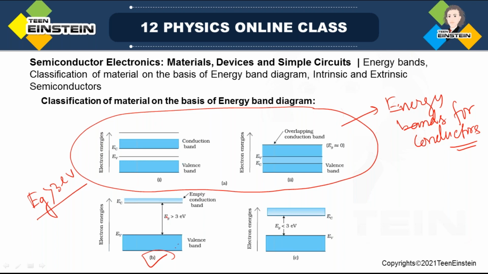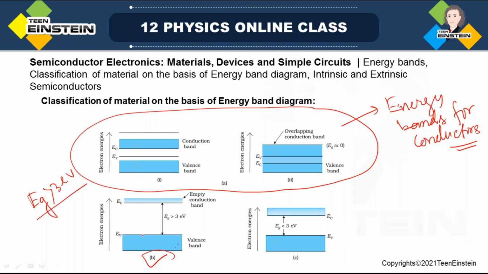So if you have a material which has conduction band and valence band separated by an energy gap of more than 3 electron volt, such materials are called insulators, because you don't have electrons in the conduction band, and hence there is no possibility of conduction of electricity.